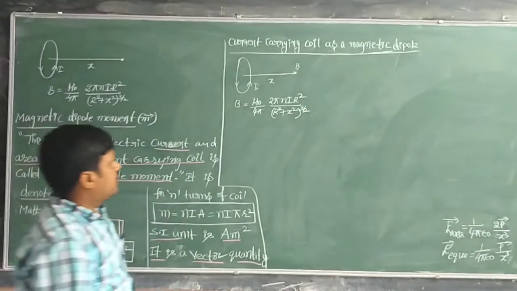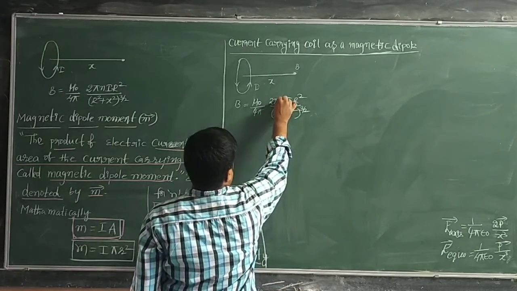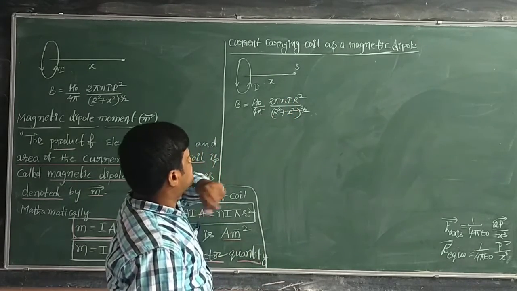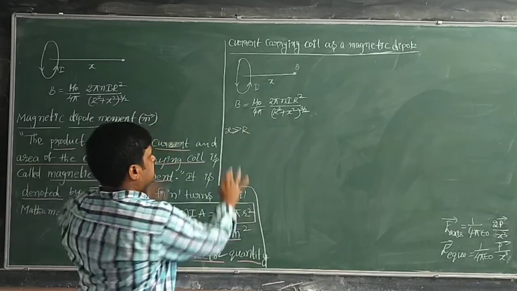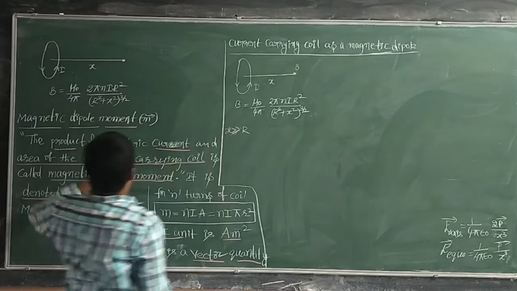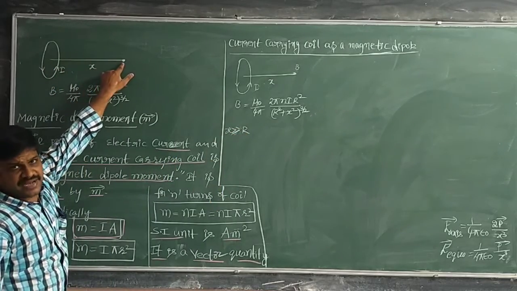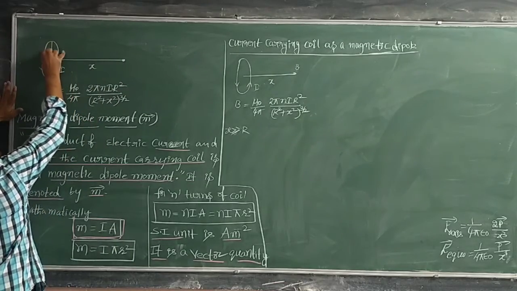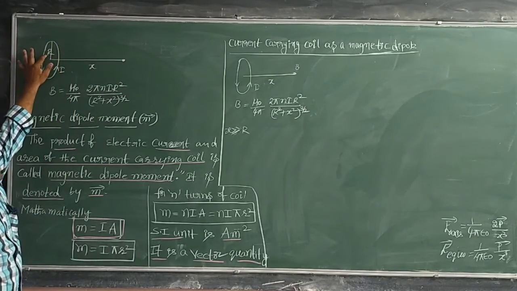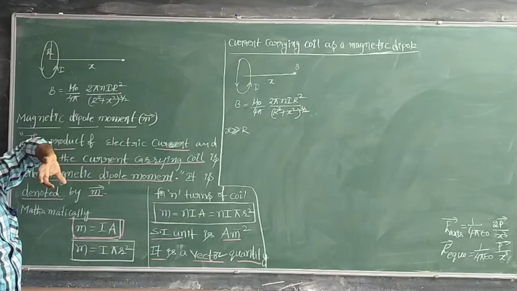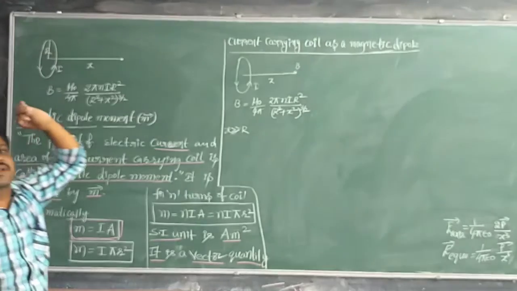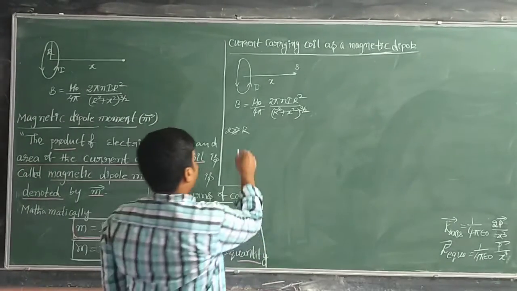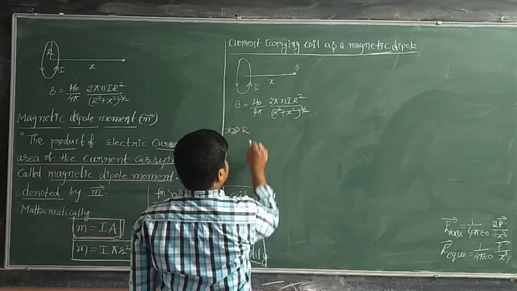Now from this, you just see, x is much greater than r. x means the distance where we are measuring the magnetic field. This distance is very much greater than the radius of the coil. So the r value is very small, which means r square is very small, so r square can be neglected.